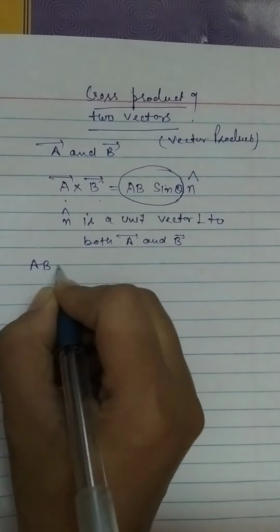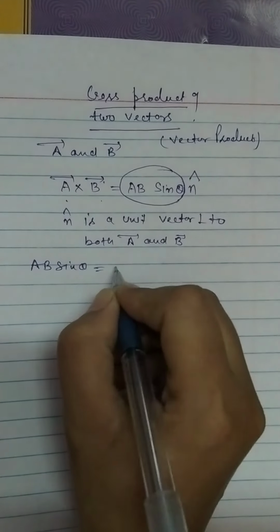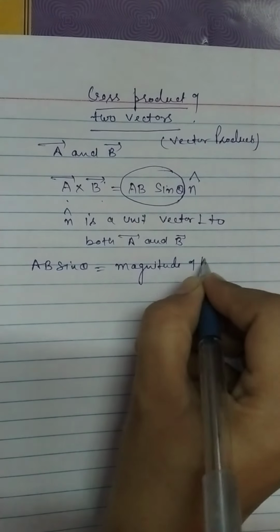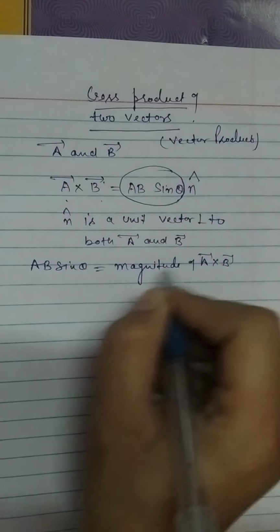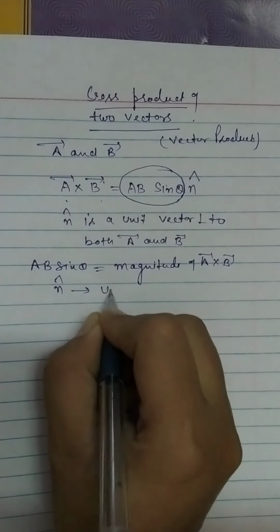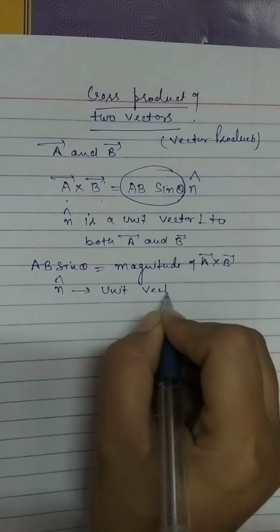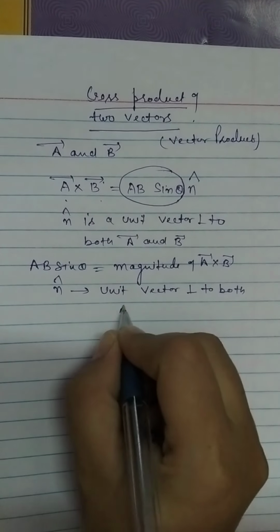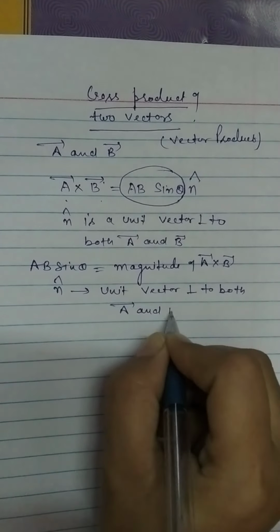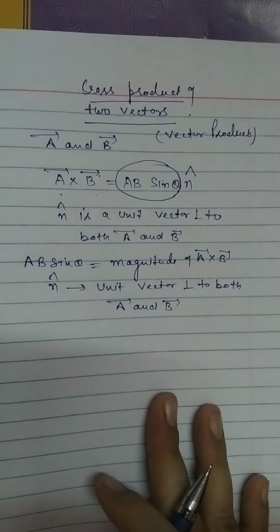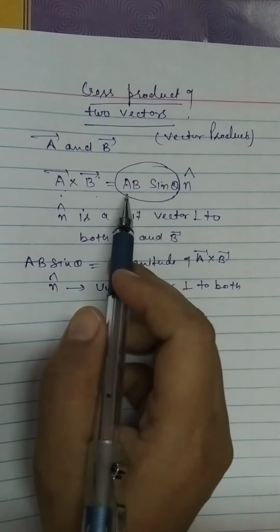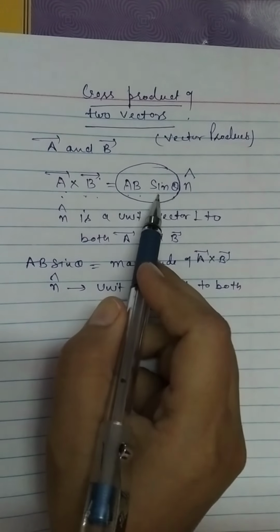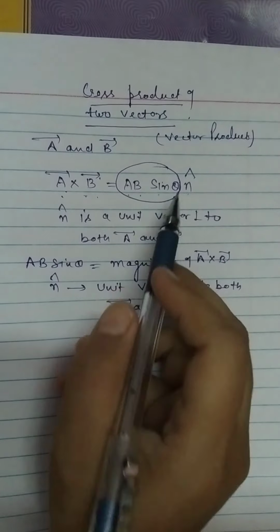AB sine theta is the magnitude of A cross B. And what is n cap? N cap is a unit vector perpendicular to both A and B. Means after taking cross product, you will get a new vector whose magnitude is AB sine theta and direction is n cap.